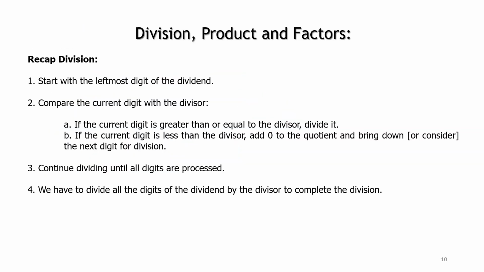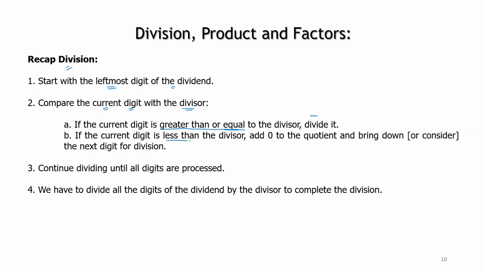Next, let us recap what we have learnt. In case of division, we have learned that we have to start with the leftmost digit of the dividend. Then we have to compare the current digit with the divisor. If the current digit is greater than or equal, then we can continue with the division.